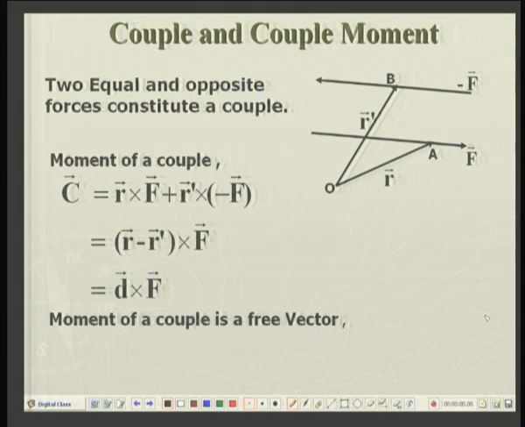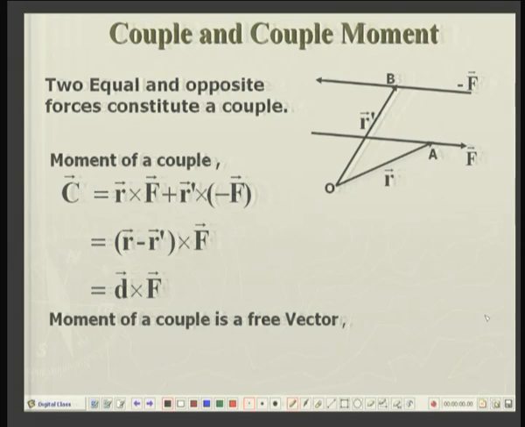Suppose there are two parallel forces, force F and force minus F. That is their directions are same, their magnitudes are same, but the sense is opposite to each other. So, one is force F, the other is force minus F. Suppose I choose an arbitrary point O in this space and I find out the moment of force F about O and then the moment of force minus F about O, and add the two moments.